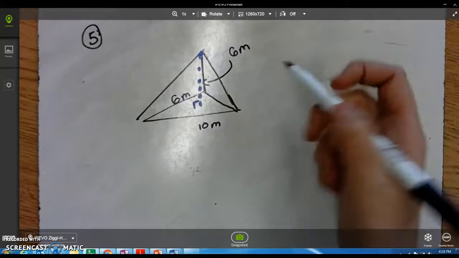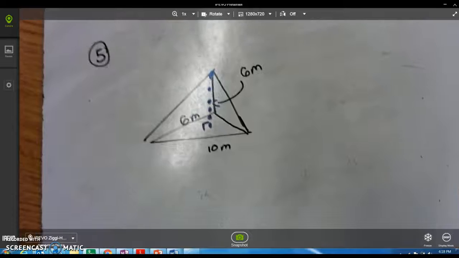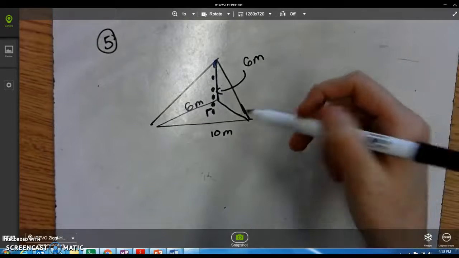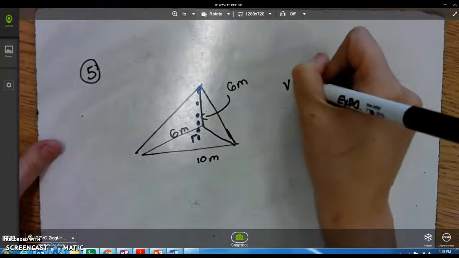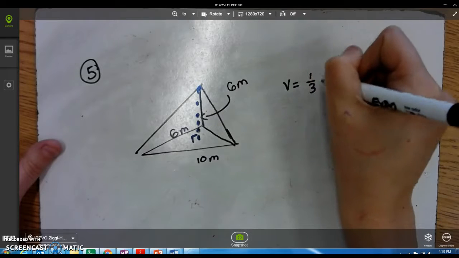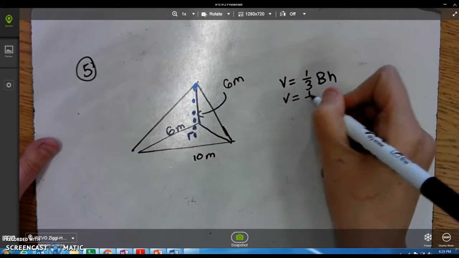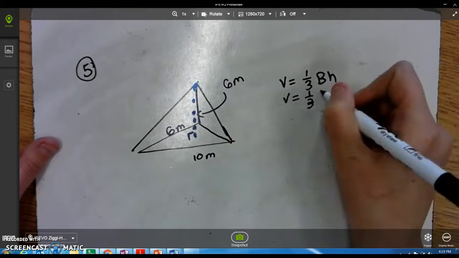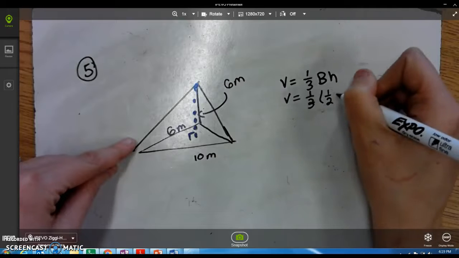Next we're going to do this triangular pyramid, which is what I saw a lot of people having trouble with. So the triangular pyramid has a triangle at the base, so I use that same volume formula for any pyramid, except I change capital B to the formula for a triangle.